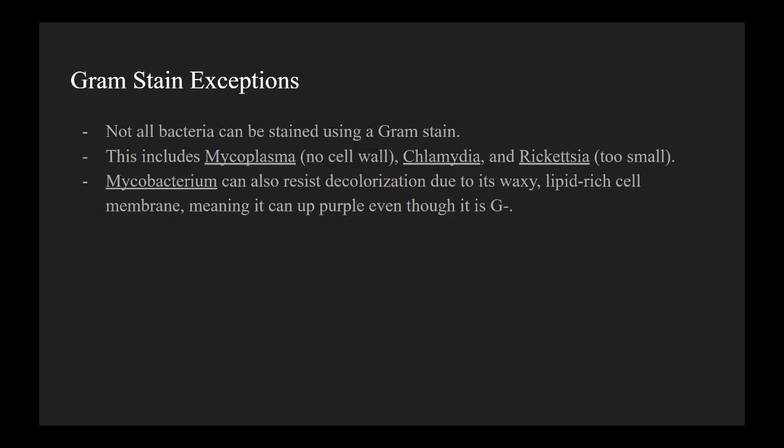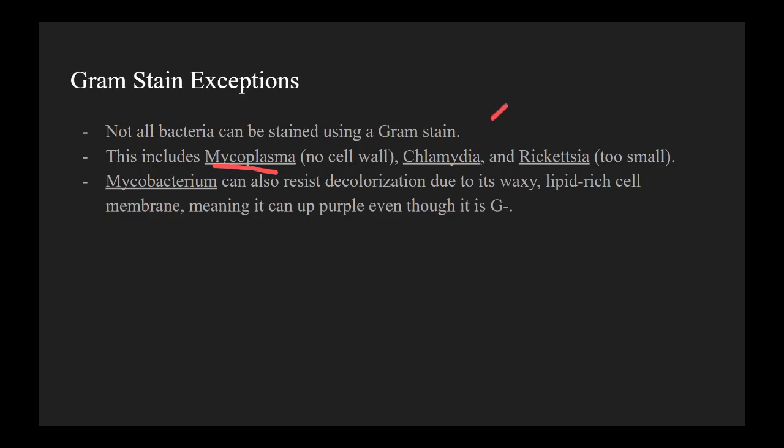There are some exceptions with gram stains, because the gram stain depends on the crystal violet primary stain binding to the cell wall, the peptidoglycan. Some bacteria, for example Mycoplasma, don't have a cell wall at all, so they won't get stained properly with the crystal violet.